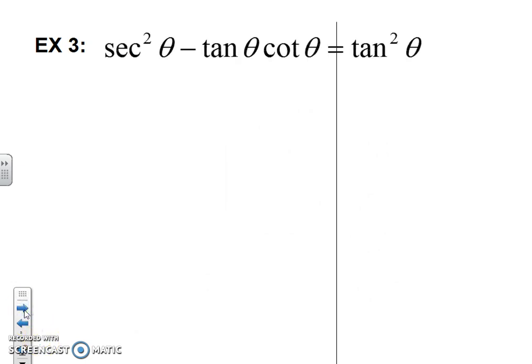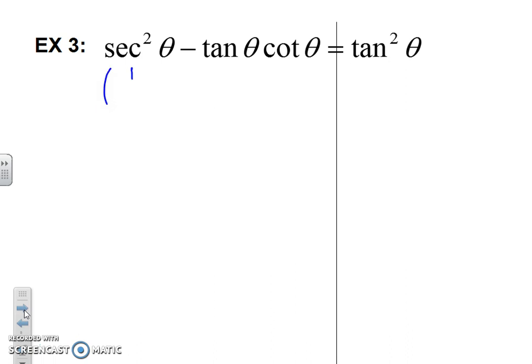Okay. For our next example, we've got secant squared theta minus tangent theta cotangent theta equals tangent squared theta. So for this problem, an approach most students will usually take is to change everything to sine and cosine just like we did before.